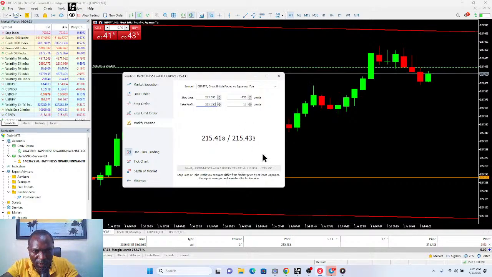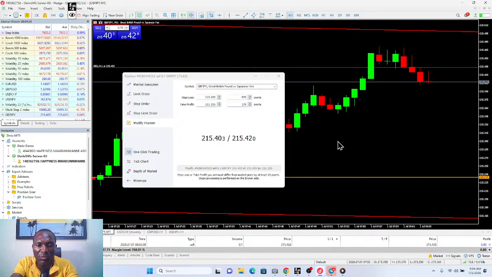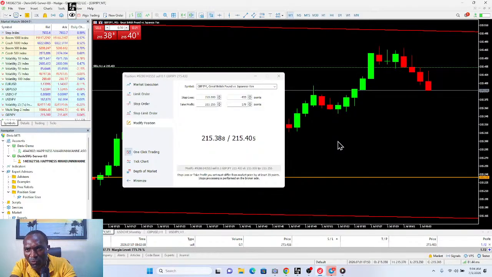Why is it that it's not highlighted right here? So let me just go to my phone and do it, because it's not highlighted right here. I've already entered the trade. The trade takes us out. That is how it is. 2, 4, 5.